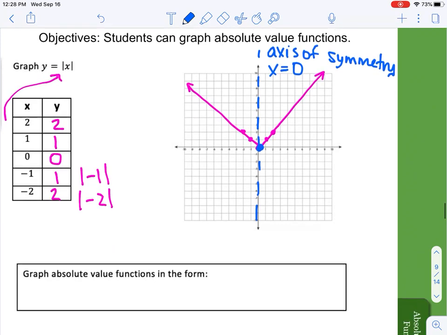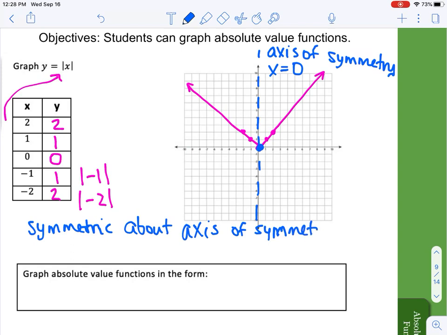So we're going to write the definition of axis of symmetry down here. So we have symmetric about our axis of symmetry. This is a vertical line through the vertex.